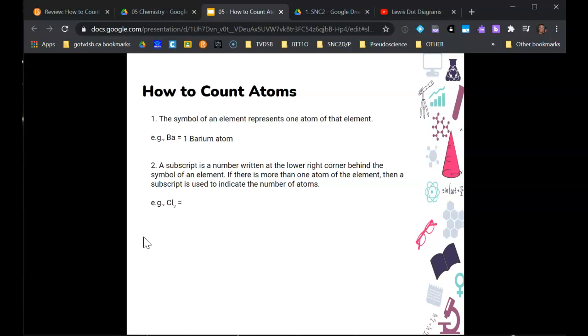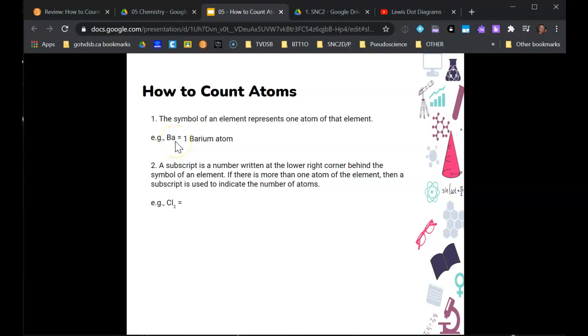Now, if you have numbers around your symbol, for example what is called a subscript, to the bottom right of your element symbol, that tells you how many of that atom you have. If there is no number there, that means you have one. So in our first example, Ba, there is no number to the bottom right of the symbol.